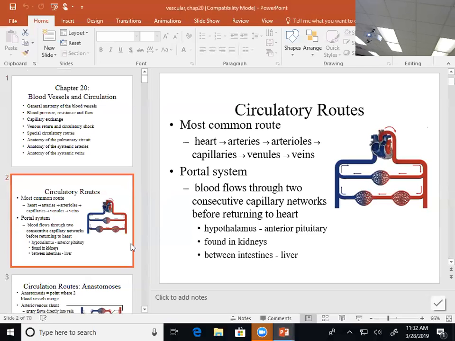Now we also know that the vessel's integrity needs to be maintained. Does anybody know what it's called if you have a weak part of a vessel? We said these arteries have a really thick muscle wall, don't they? But they're also lined on the inside and on the outside.